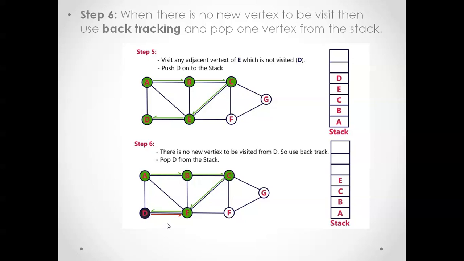There is no vertex to be visited from D, so use backtracking. Pop D from the stack because D is on the top now.